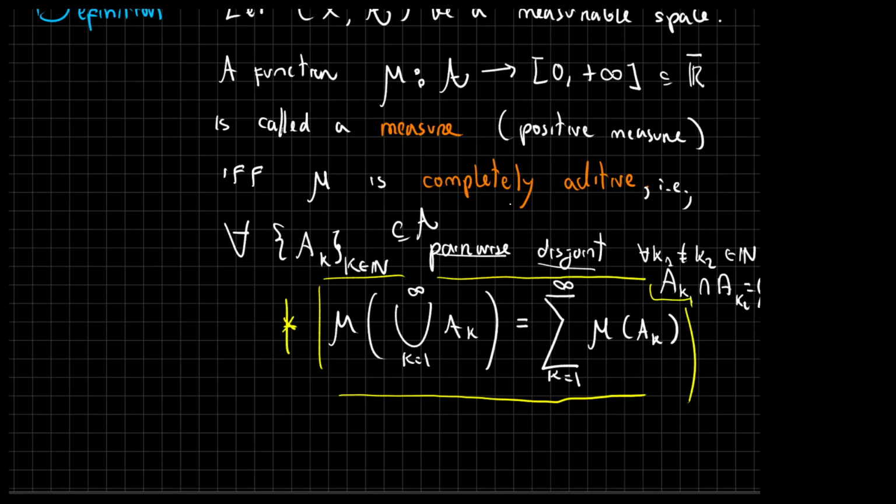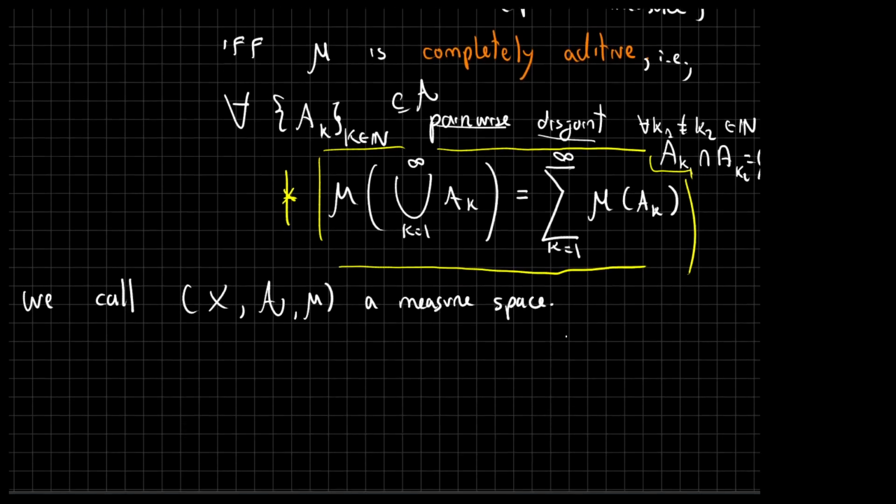All right. So we call this triple, as I told you previously, a measure space, if X is different from the empty set, A is a sigma algebra on X, and mu is a measure.